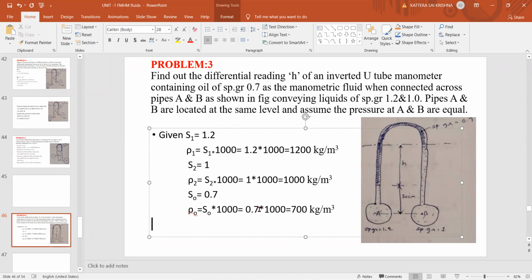And one more thing given is the height. Fluid below the datum line in the left limb is given as 30 centimeters. So what is the height of this fluid? What is the height here? H plus 30, nothing but H plus 0.3 meter, right? That we need to know from the diagram he has given, the right side.